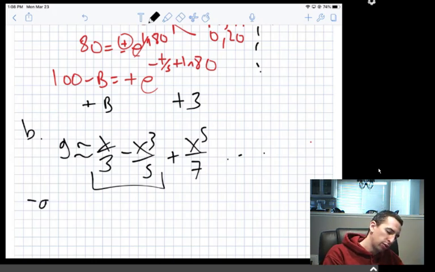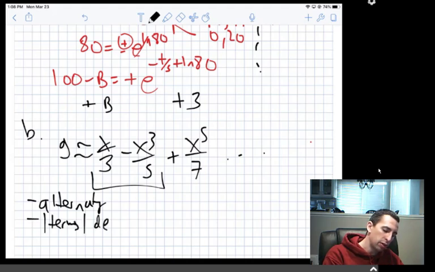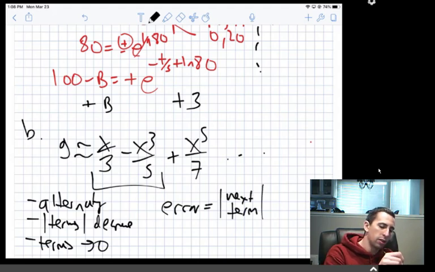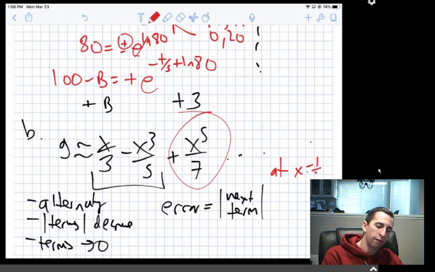And they already told you in the problem that this is an alternating series. They tell you that the absolute value of the terms decrease, and they tell you the terms go to 0. Those are the three conditions for the alternating series error. So you use the error is the absolute value of the next term. So the next term is just this one in this series right here, just the next one we didn't get to. And we plugged in x equals 1/2, they told us.